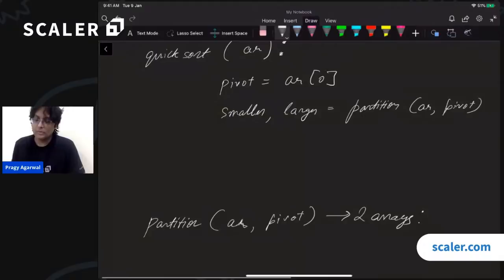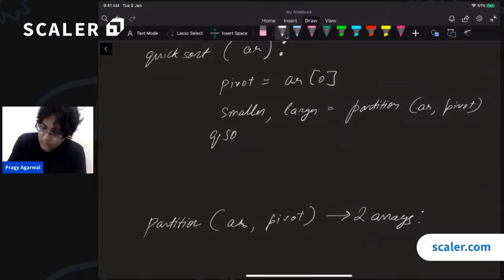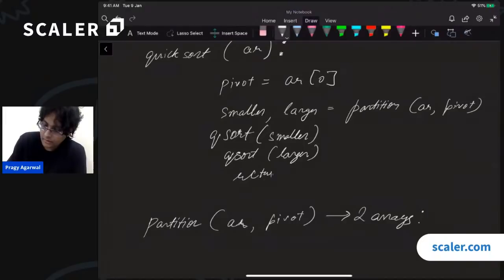Okay, cool. So once we have this smaller and larger, what are we supposed to do? We are supposed to quicksort the smaller, quicksort the larger, and then return smaller plus pivot plus larger.